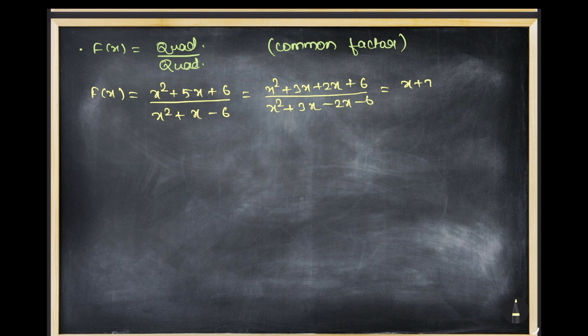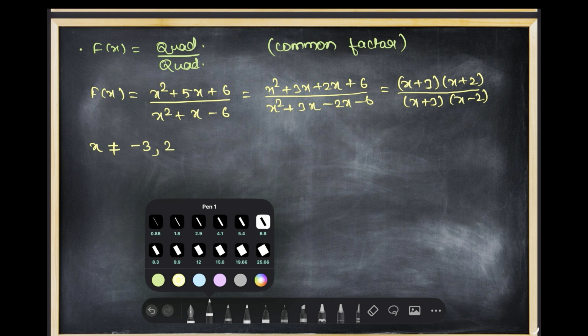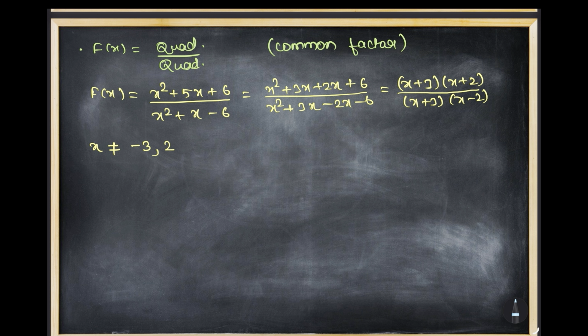So it is (x plus 3)(x plus 2) upon (x plus 3)(x minus 2). If I ask you to focus on the domain, you will say, sir, x can be anything except minus 3 and 2. Now you have to find out the range of this function f of x.